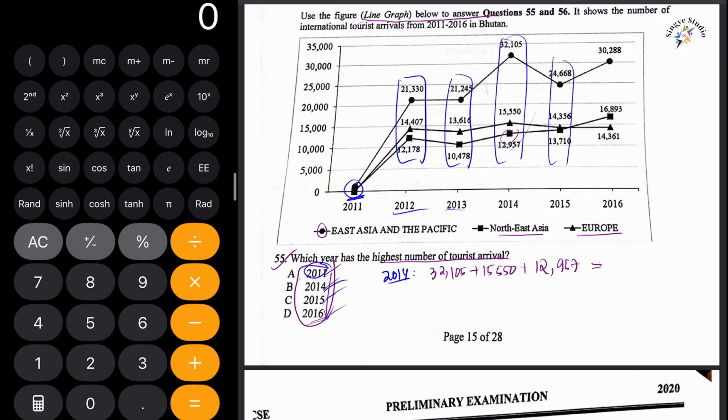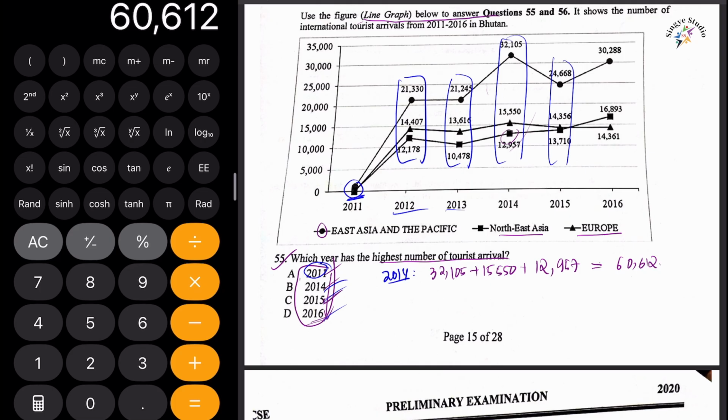Let me bring my calculator here. 32,105 plus 15,550 plus 12,957. I get 60,612 tourists.